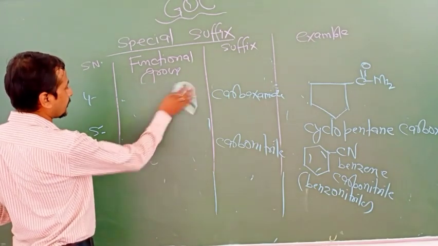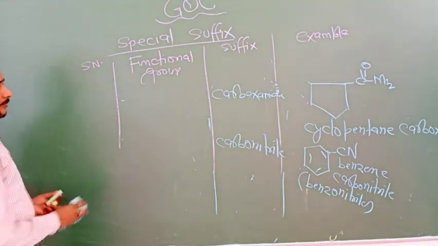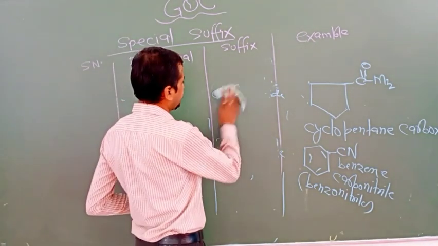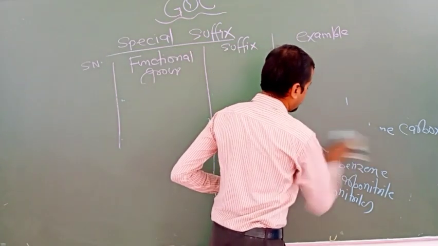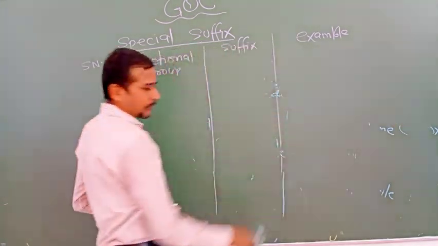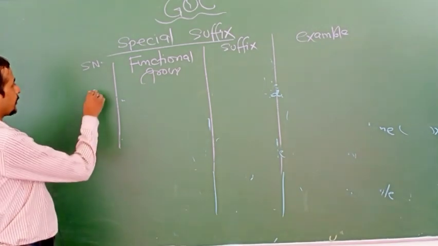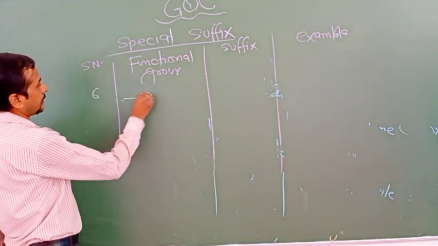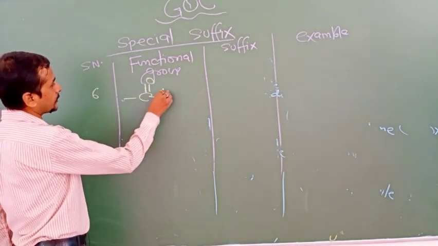Now students, next functional group, that is aldehyde. Let us focus on the aldehyde. So the aldehyde group is CHO.